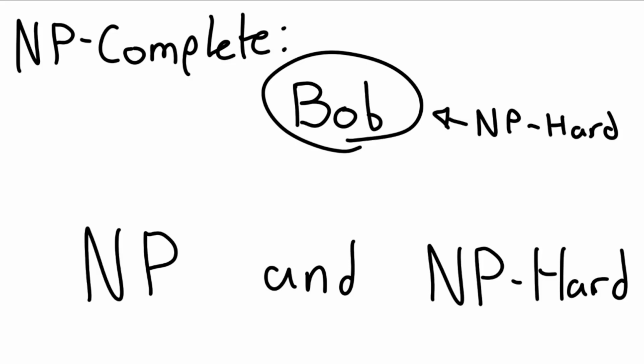So I'm just going to make a drawing. If we draw NP hard, NP complete, P and NP, it's going to look something like this.